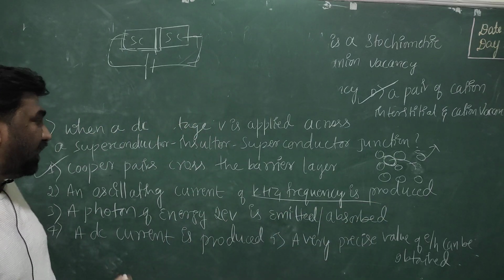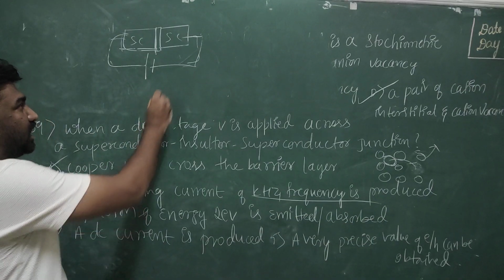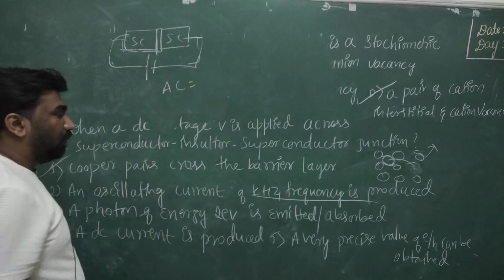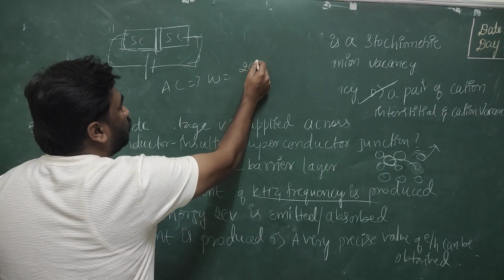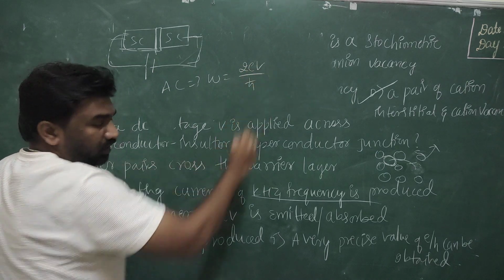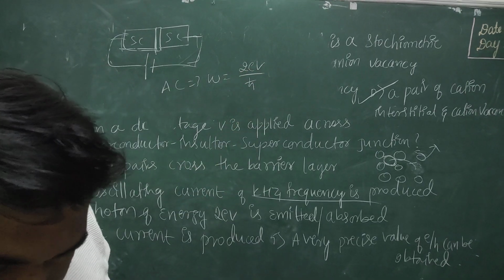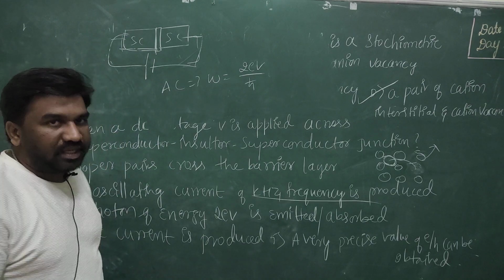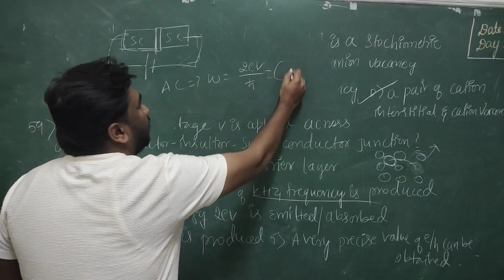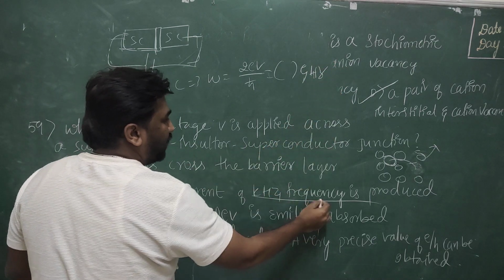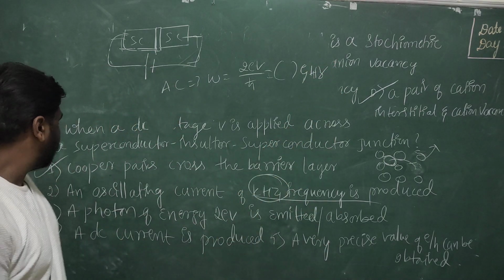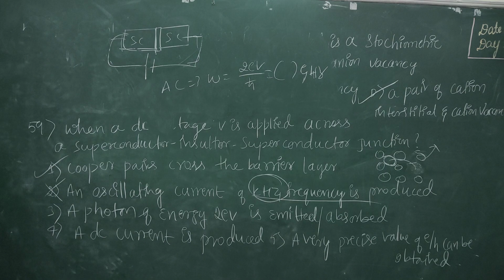Actually, an oscillating AC current is produced, but that frequency is omega equal to 2eV by h cross, and this is in terms of gigahertz, not kilohertz. So option 2 is not correct.